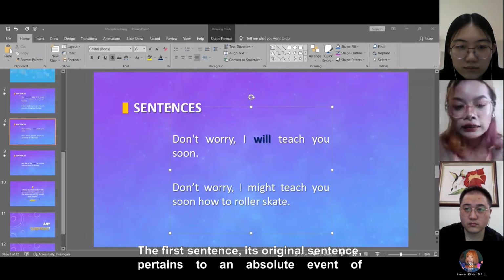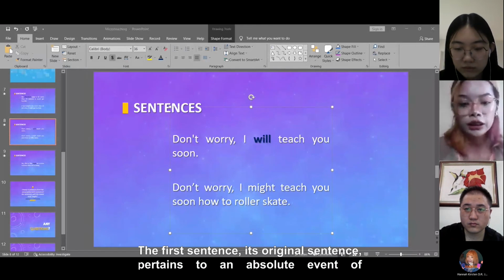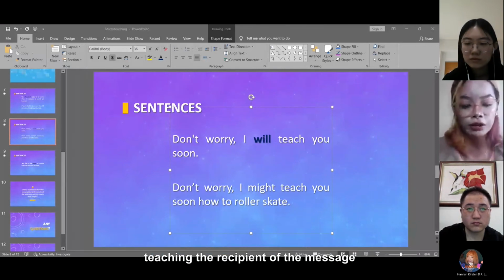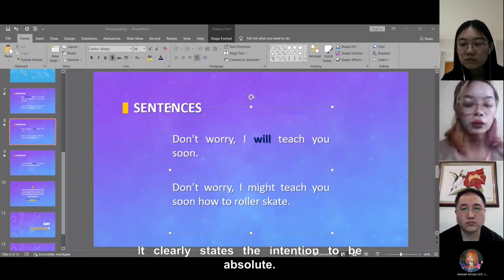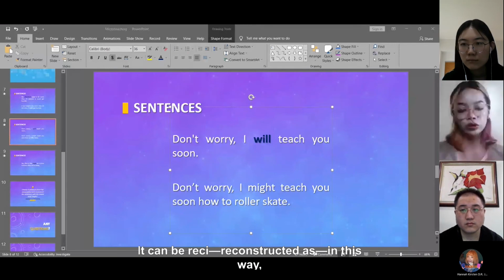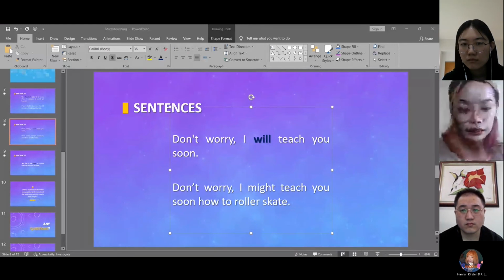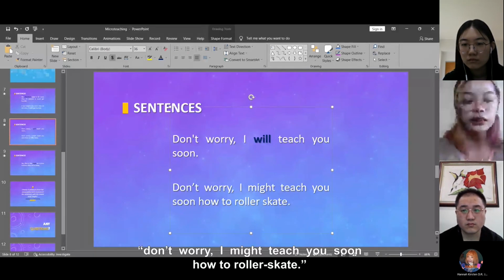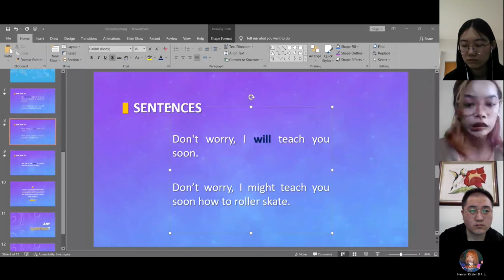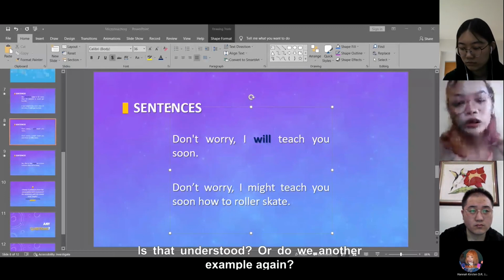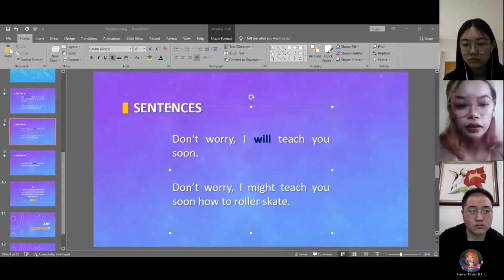The first sentence, its original sentence, pertains to an absolute event of teaching the recipient of the message. It clearly states the intention to be absolute. It can be reconstructed in this way. Don't worry, I might teach you soon how to roller skate. It then pertains only to a possibility of the speaker teaching the recipient.